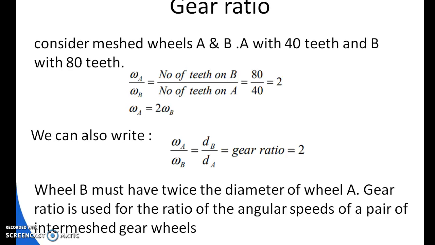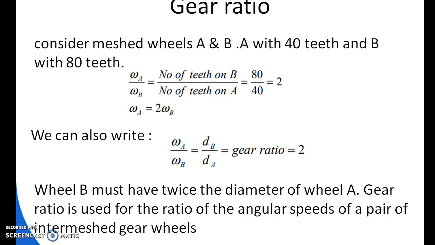Gear A has 40 teeth and gear B has 80 teeth. So the gear ratio, denoted as G, equals omega A by omega B, meaning angular velocity of gear A divided by angular velocity of gear B, which also equals the number of teeth on gear B divided by the number of teeth on gear A. So the gear ratio here is 80 by 40, equal to 2.